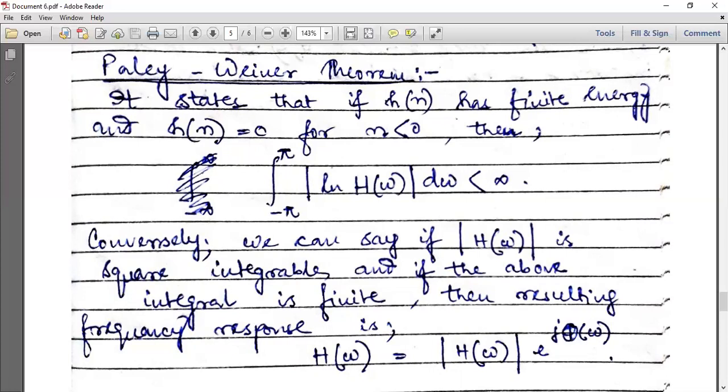Okay, come to the Paley-Wiener theorem. You can start following the note. It's a very important theorem.